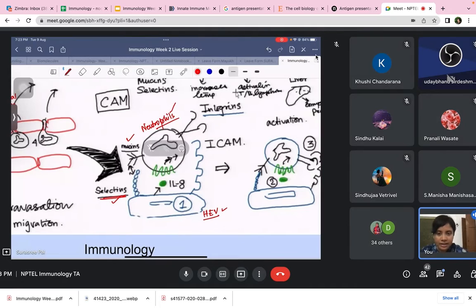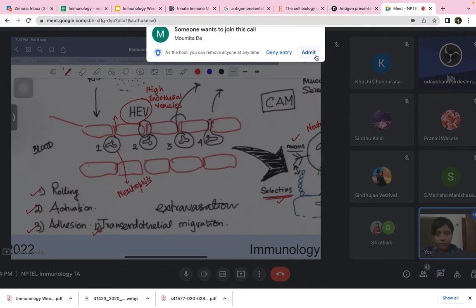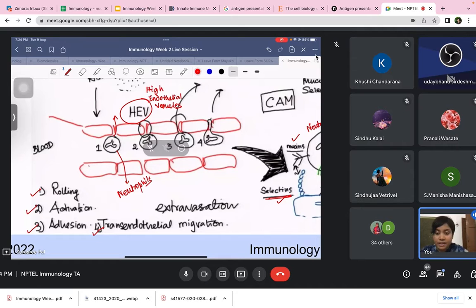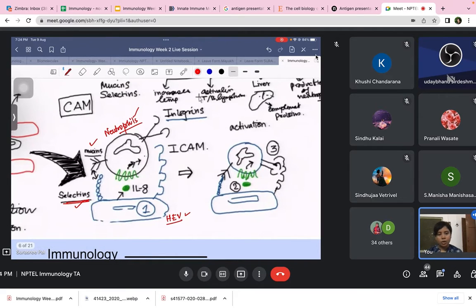So that is the first step, that is rolling of the neutrophils. Now the next step is activation, and activation takes place by the action of one interleukin which is called IL-8.